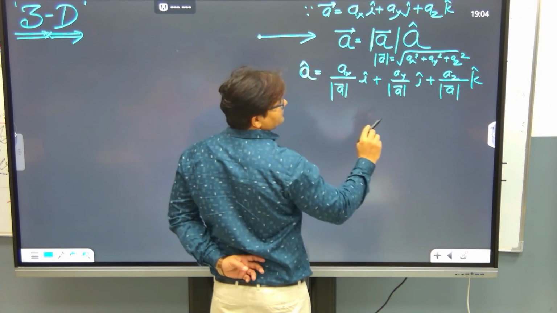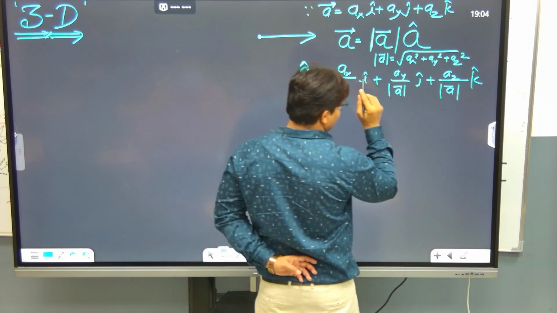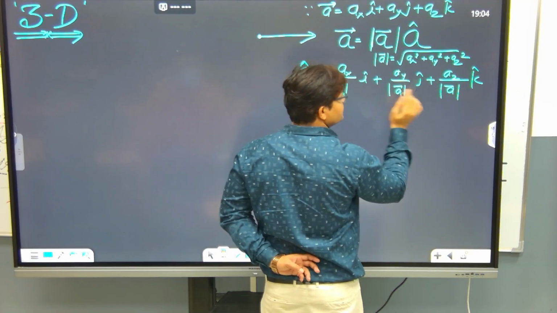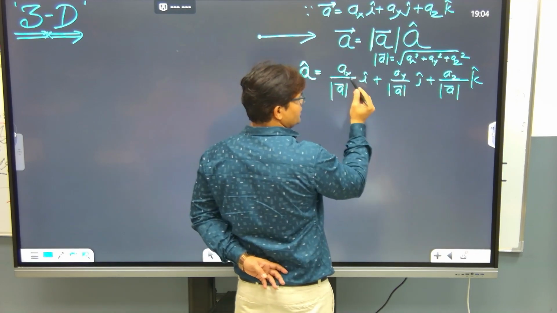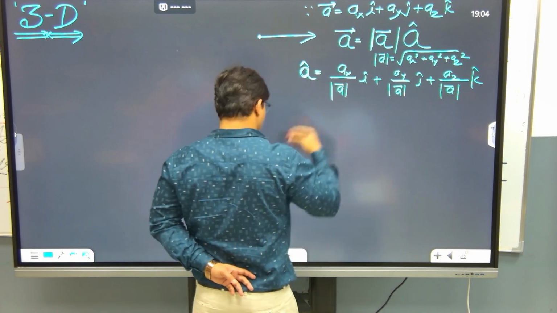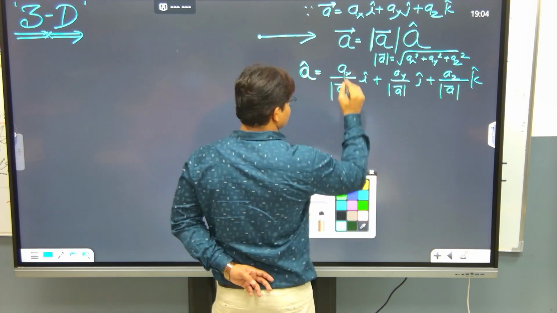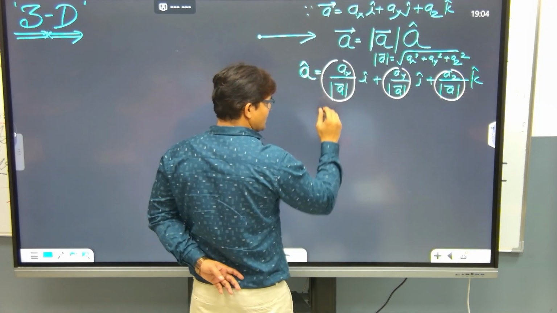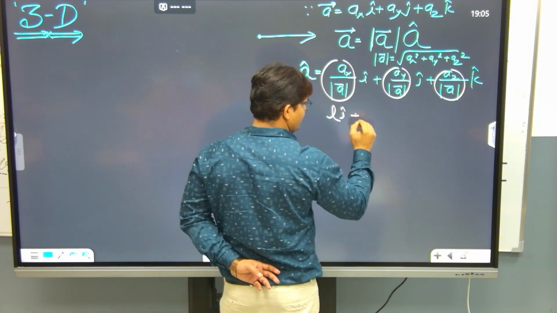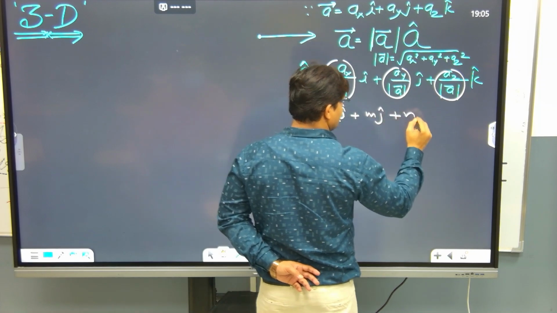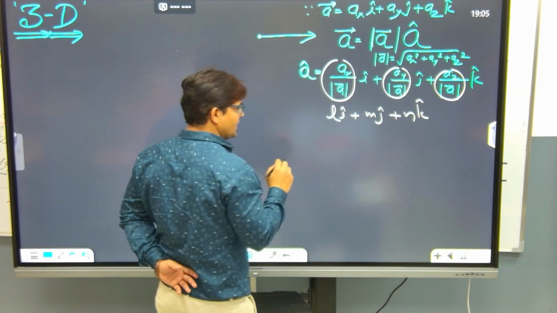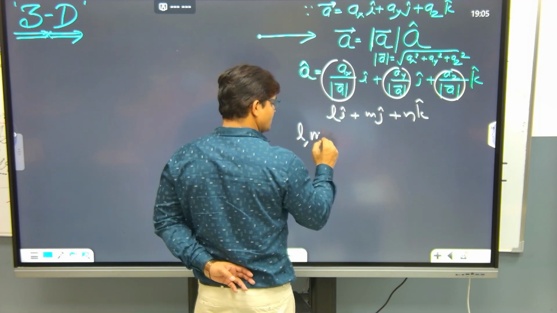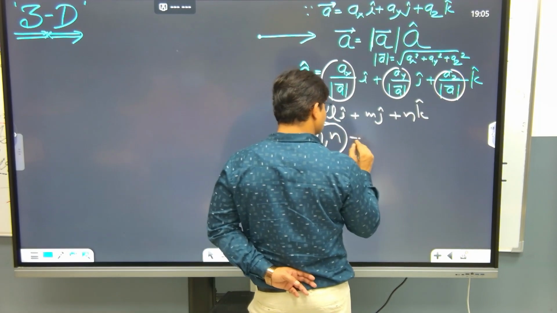In the unit vector, the components of i, j, k, or we can say the coefficients of i cap, j cap, k cap, are known as l of i cap plus m of j cap plus n of k cap, where l, m, n are known as the direction cosines. We already discussed that concept.